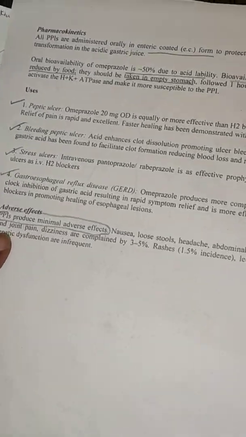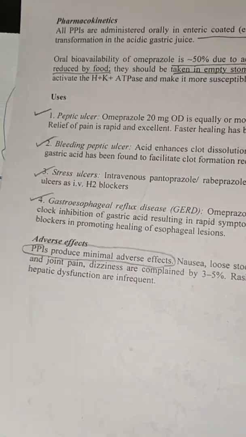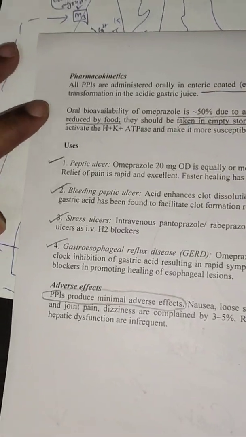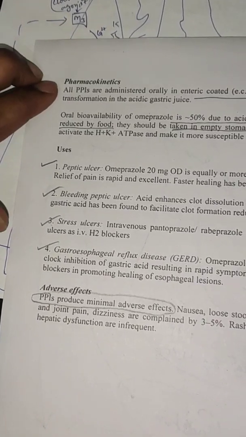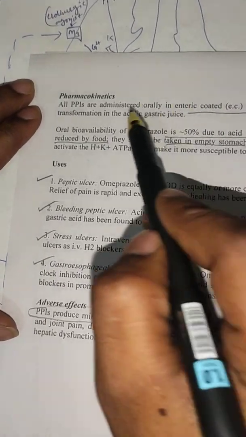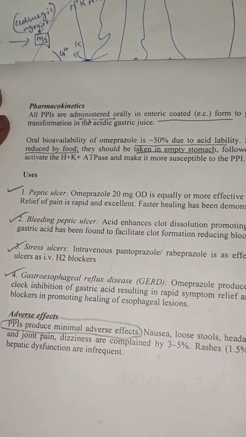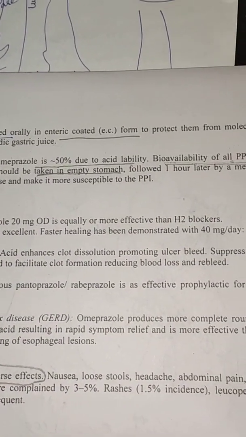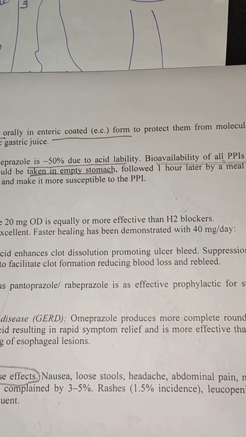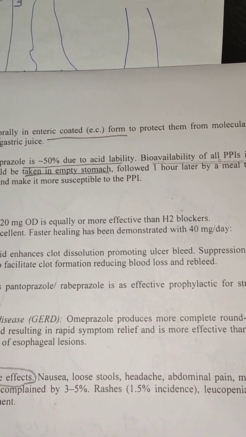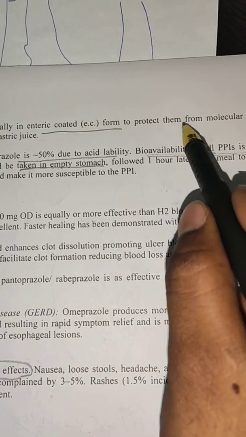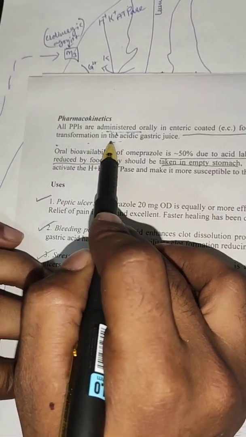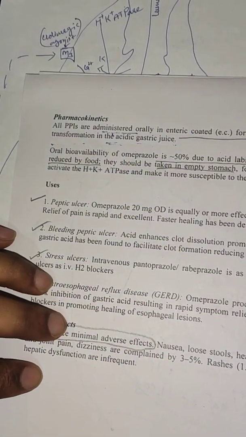Now let's discuss the pharmacokinetics of PPIs. All PPIs are administered orally, first of all, in enteric-coated form. They are coated so that they can prolong their effect and be protected from molecular transformation in the acidic gastric secretion.